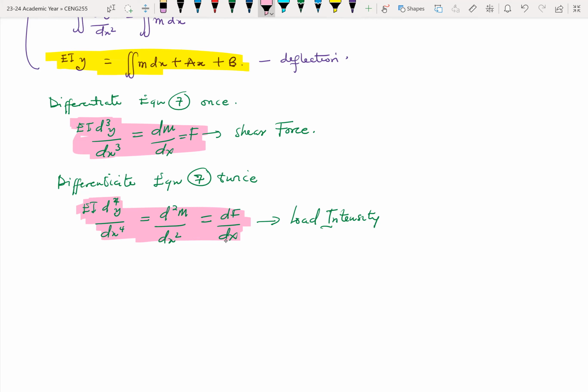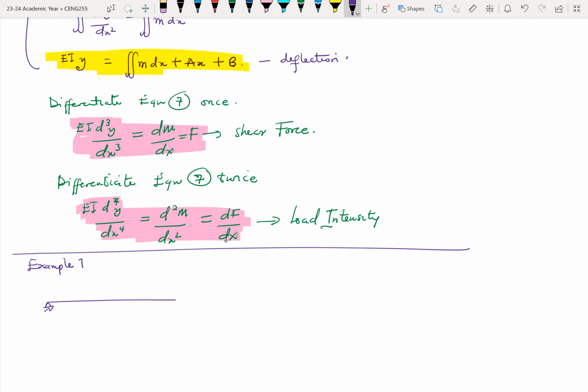So let's say we have a beam. And the beam has a UDL, a uniformly distributed load on it. Okay. Let's call that W, which is in kilonewtons per meter.